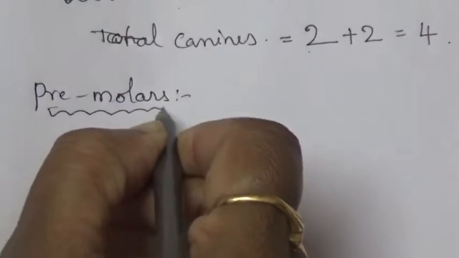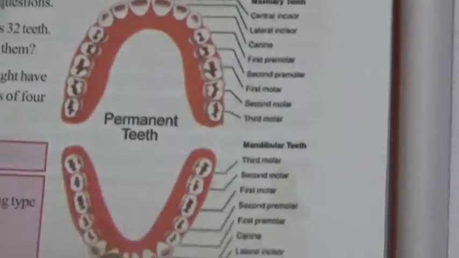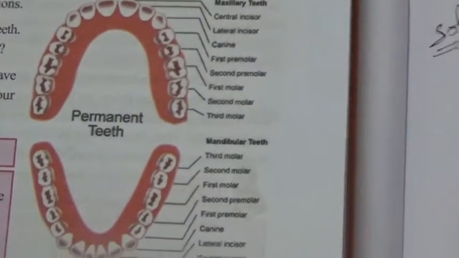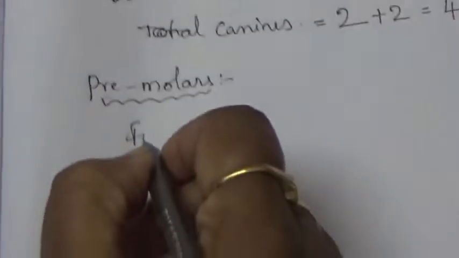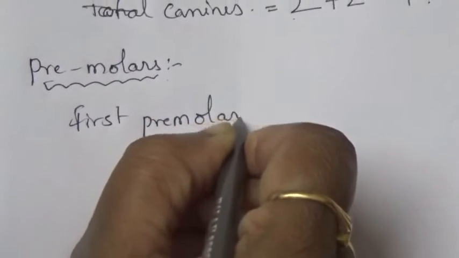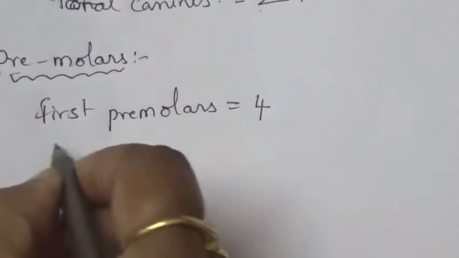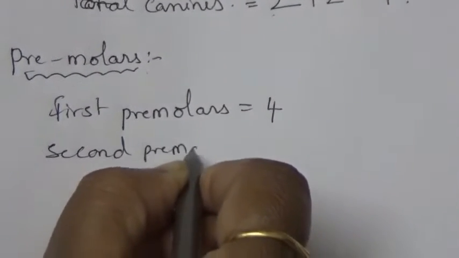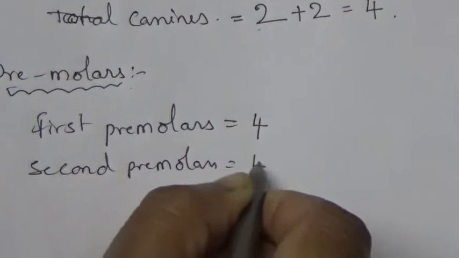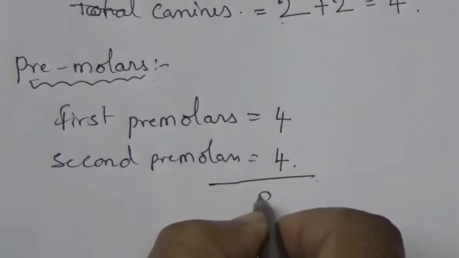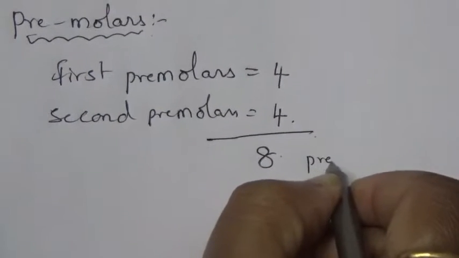Just like that, premolars. Look at the figure while you are doing this sum. Look at the figure in your textbook and just watch this solution. First premolars are 4, second premolars are 4, that is total we have 8 premolars.